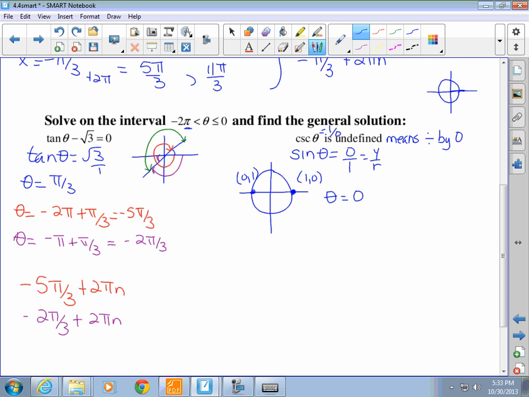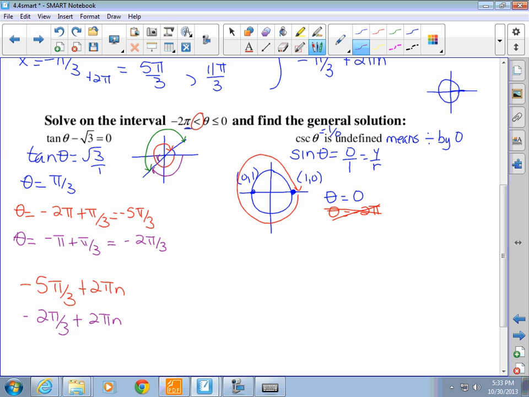If I'm going in the other direction, if I want to go in my clockwise direction, I would go from here all the way back to there. So in that case, theta is equal to negative 2 pi. Oh, but my one restriction said it has to be less than that. So I can't use that one. That means it's equal to. So I throw that one out.